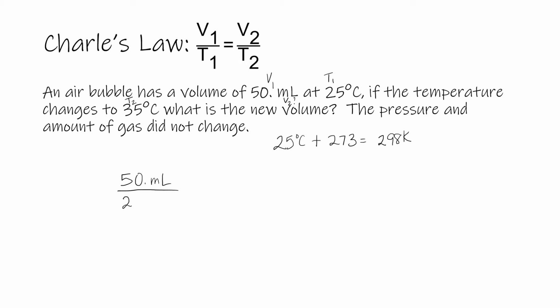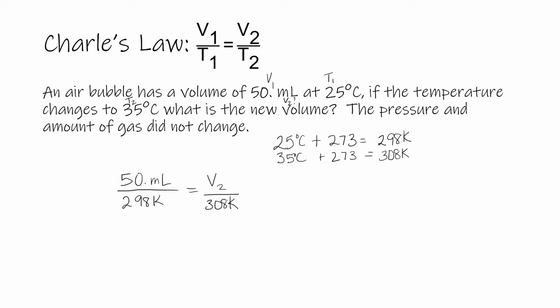We'll plug that in for T1, and that is going to be equal to V2 over temperature 2, which is 35 degrees Celsius plus 273. That brings our temperature to 308 Kelvin.